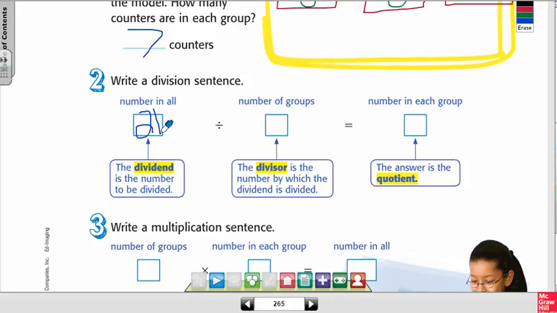The divisor is the number by which the dividend is divided. That means the number of groups. How many groups did I have? 3. And then the answer is called the quotient, the number in each group. How many were in each group? 7.